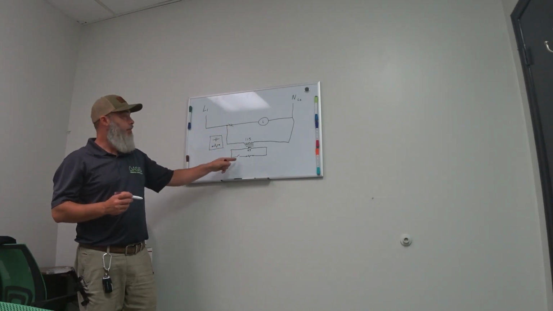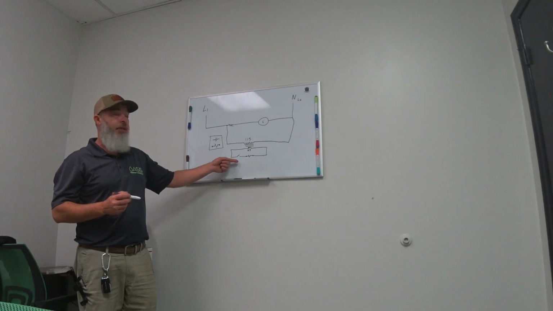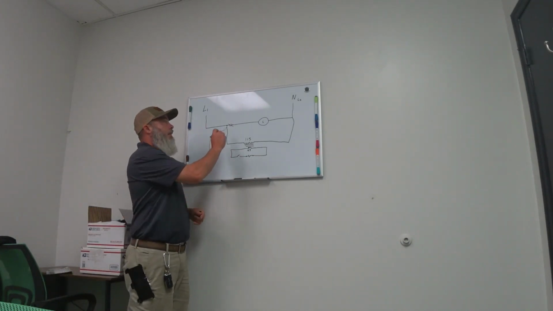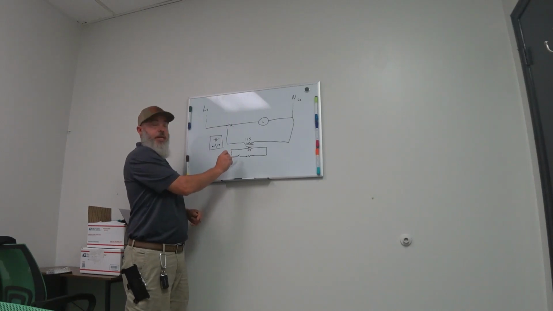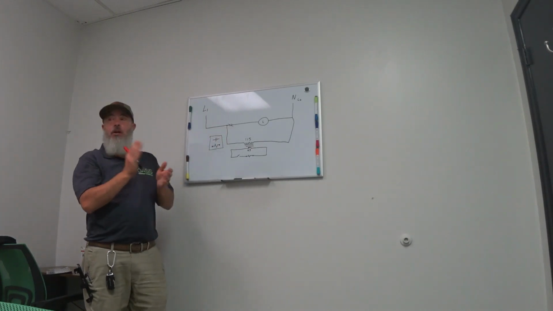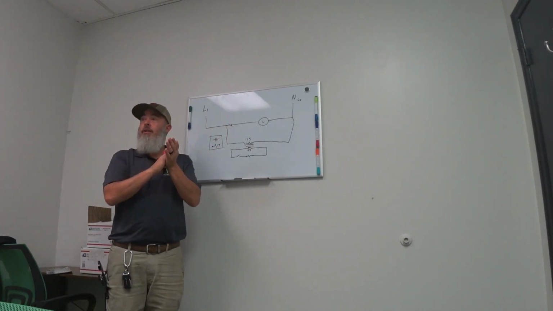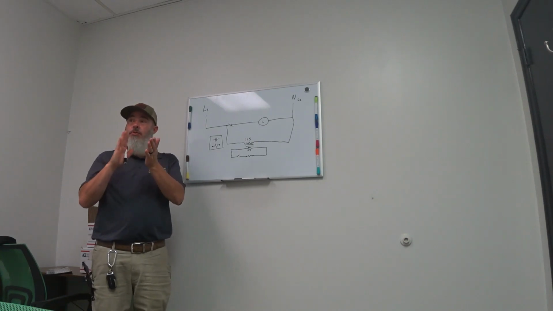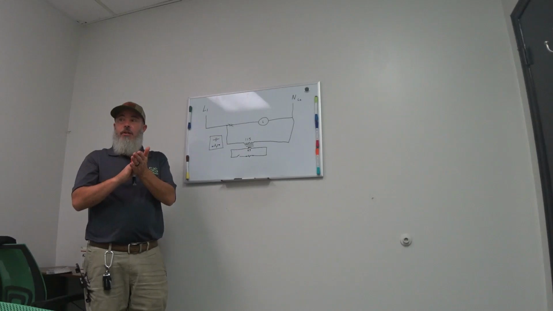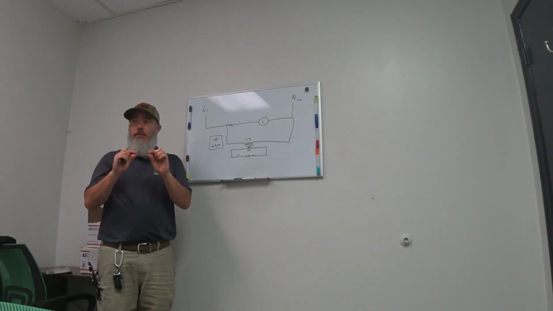But the purpose of putting the switch down here instead is that when we flip this switch and energize this contactor coil, those contacts close rapidly. And when it's closing, the faster it closes, the less arcing you get on the contacts themselves.